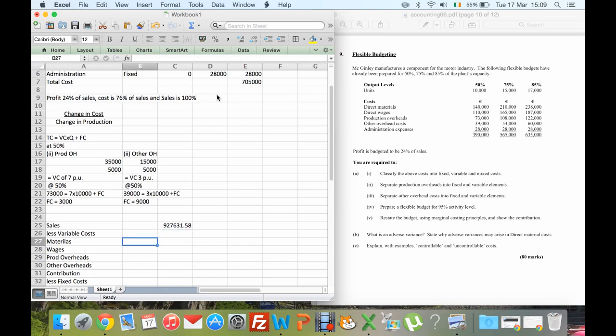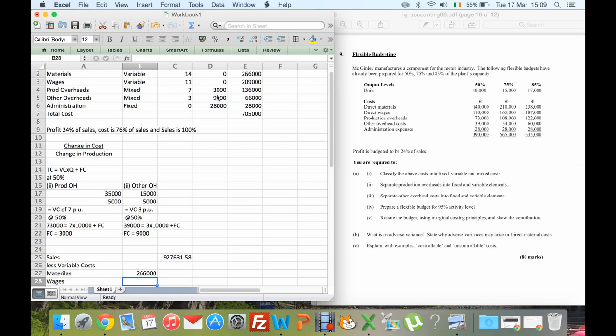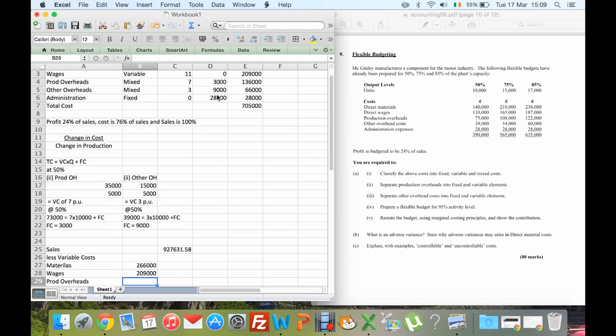Okay. Now, so our materials, we would work that out up here. So it's that, and our wages, we've already worked that out. Now the production overheads is 7 by 19 grand.